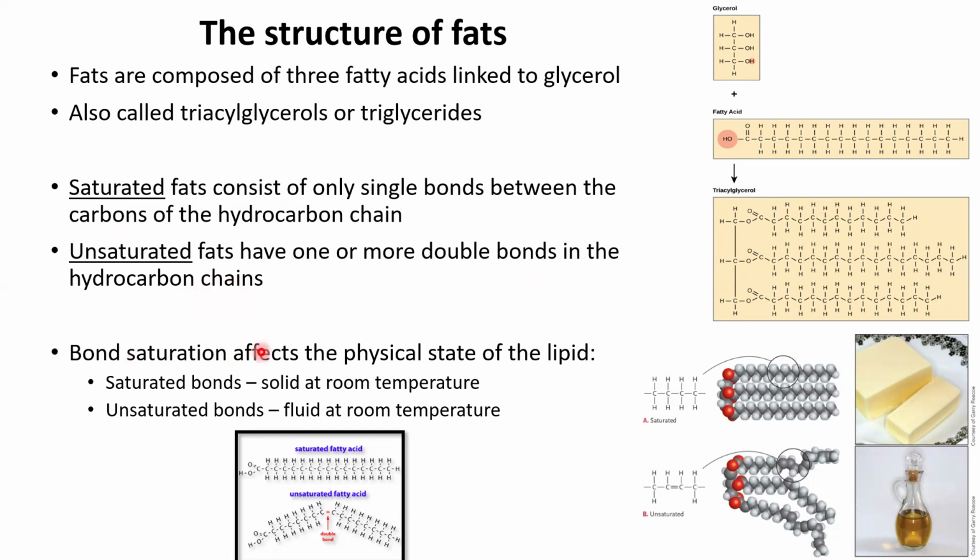And what we see is that the bond saturation in here, depending on the amount of double bonds or single bonds that you see, actually affects the physical state of the lipid itself. So if it's very saturated, it gets compact and becomes solid at room temp.